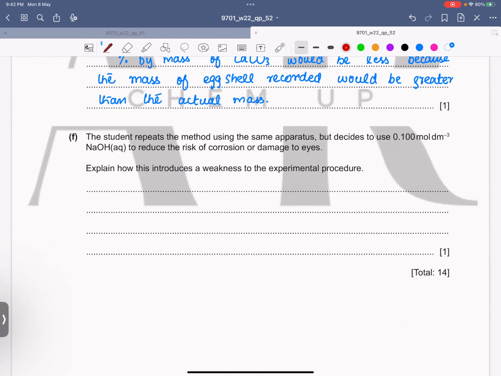Okay. The student repeats the method using the same apparatus, but decides to use 0.1 mole per dm cube sodium hydroxide to reduce the risk of corrosion and damage to eye. Explain how this introduces a weakness to the experimental procedure.